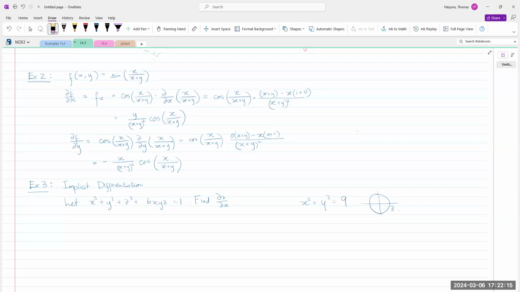But we still can do the partial derivative. If we want to find dy dx, we take the derivative of each term with respect to x. However, when we see y, we need to do the chain rule. And then from there, you solve for dy dx.